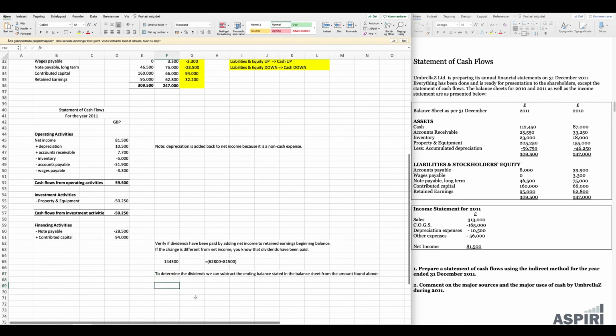So what we'll do is that we'll take the 144,300 minus 95,000, and that will give us a dividend payment, which in this case you can see is 49,300.